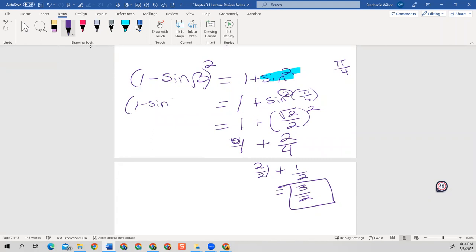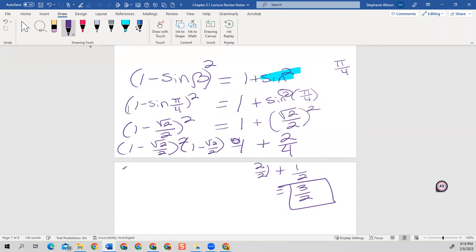But then we can say 1 minus square root 2 halves all squared. Now this one's a little bit more work. So we got 2 options. We can clean that up, or I can just say, oh, let's do the full method.